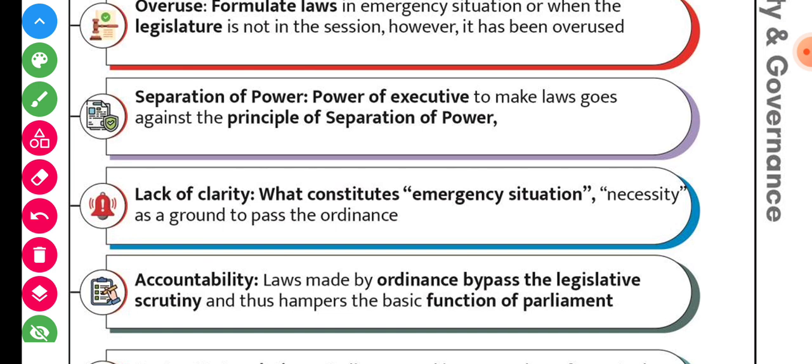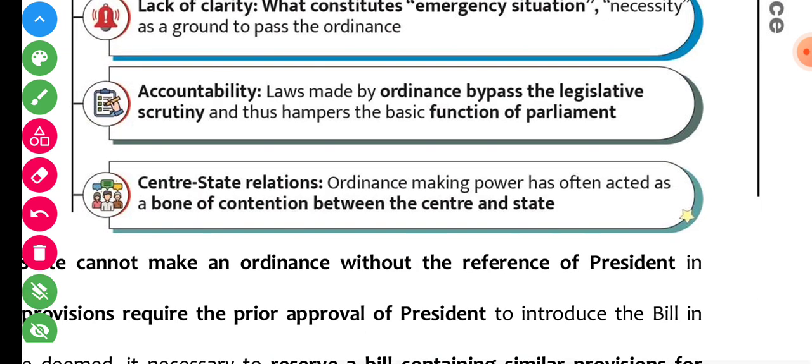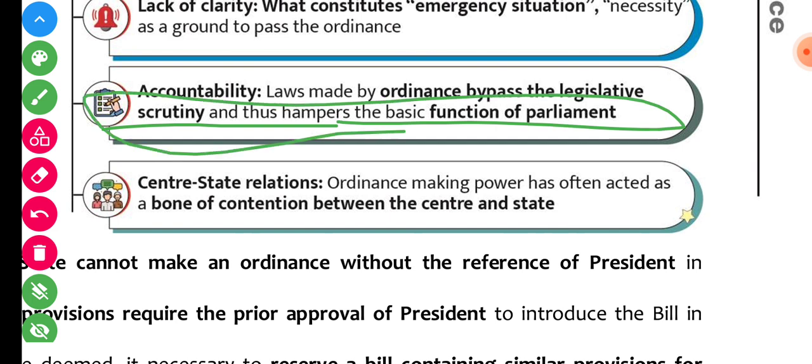Third, lack of clarity. What constitutes an emergency situation? Necessity as a ground to pass the ordinance. And next is accountability. The laws made by ordinance bypass legislative scrutiny and thus hamper the basic function of Parliament.